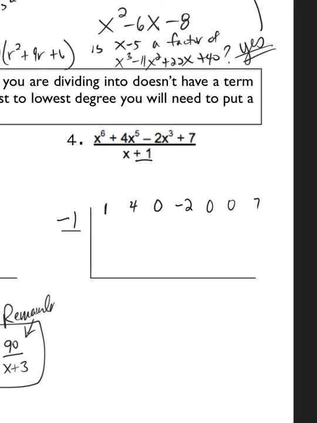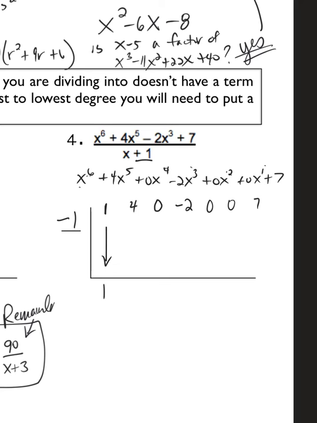So just so you know what that looks like, x to the 6th plus 4x to the 5th plus 0x to the 4th minus 2x cubed plus 0x squared plus 0x plus 7. I took care of 6, 5, 4, 3, 2, 1, and then the constant. So that's where I got my 1, my 4, 0, negative 2, 0, 0, and 7.